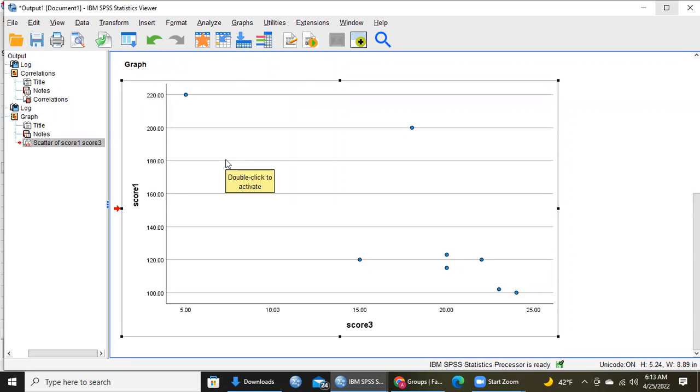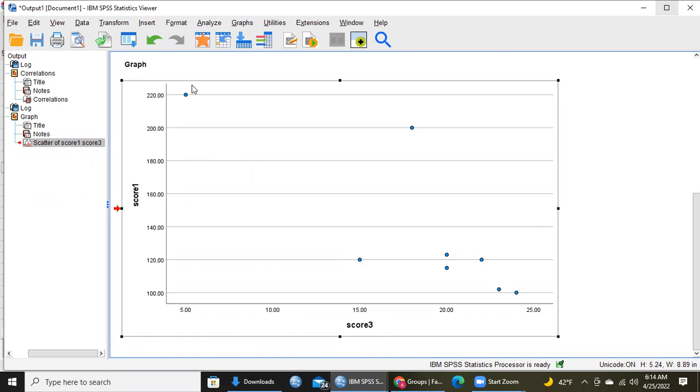So here's a scatter plot. In a scatter plot, you're just plotting the points between two variables. Your two variables are like coordinates. If you remember mathematics, you have an X and Y coordinate. So your X coordinate would be score 3 in this instance, and score 1 would be your Y coordinate.